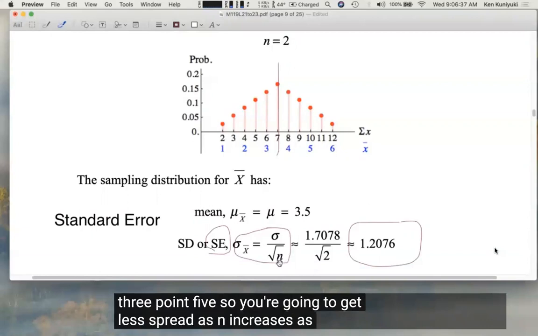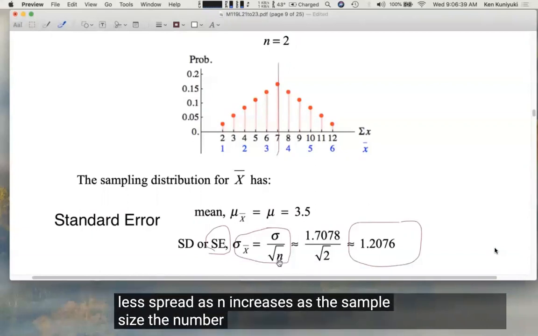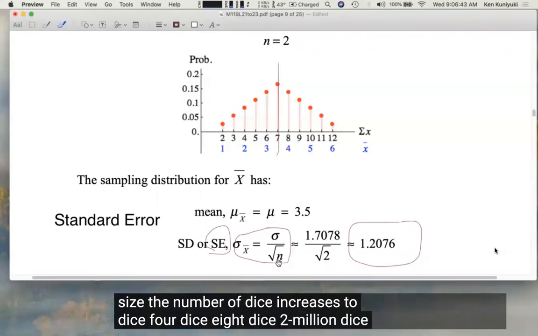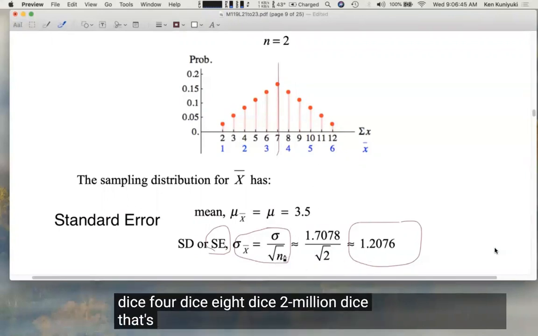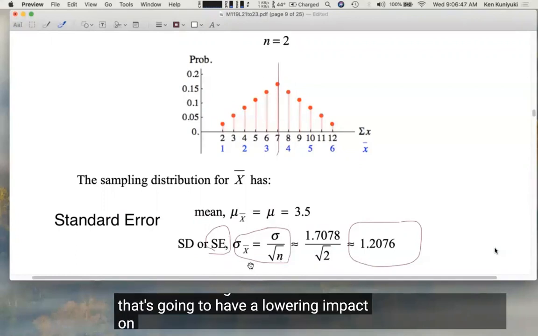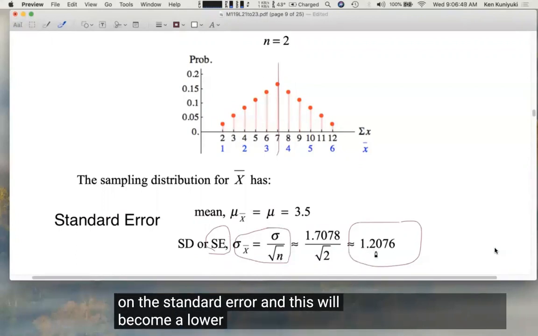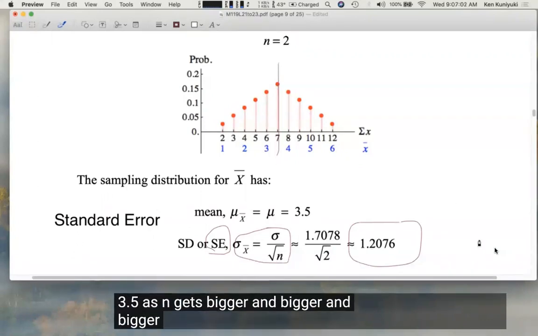As n increases, as the sample size, the number of dice increases, 2 dice, 4 dice, 8 dice, 2 million dice, that's going to have a lowering impact on the standard error. And this will become a lower and lower number. It's going to go down. As n approaches infinity, this whole thing approaches 0. We're going to get very tight clustering around the 3.5 as n gets bigger and bigger.